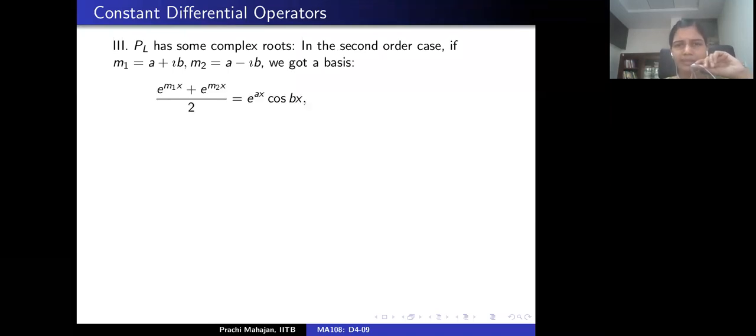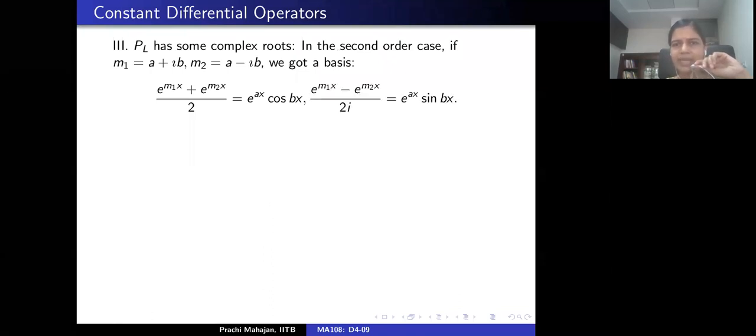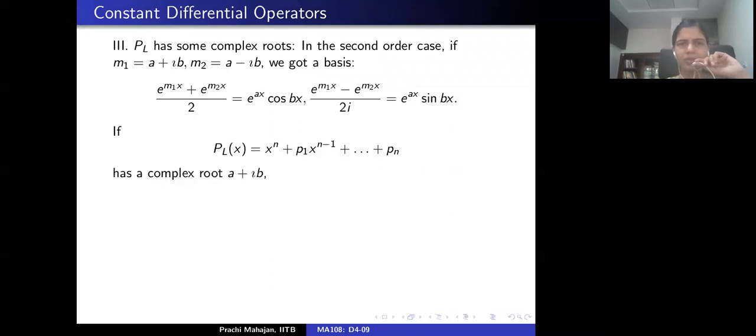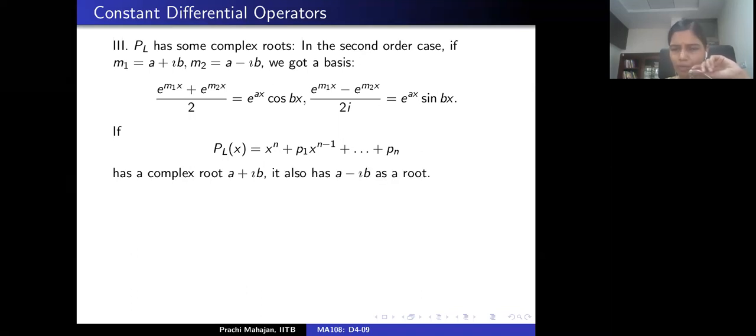So we got a basis of the solution space as e to the power ax cosine bx and e to the power ax sine bx, if a plus iota b and a minus iota b were the roots of the characteristic polynomial. Now, if in the current case we have a degree n polynomial, and this polynomial has a complex root a plus iota b, then it will also have its complex conjugate as a root.